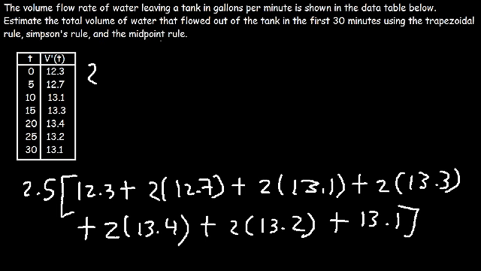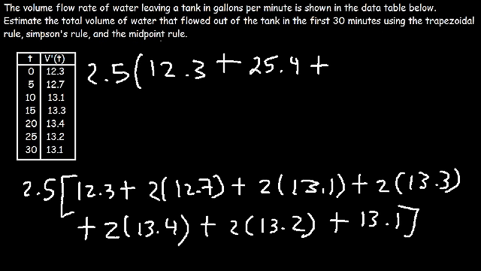So now let's simplify our result. So we have 12.3 plus 2 times 12.7, which is about 25.4. 2 times 13.1, that's 26.2.